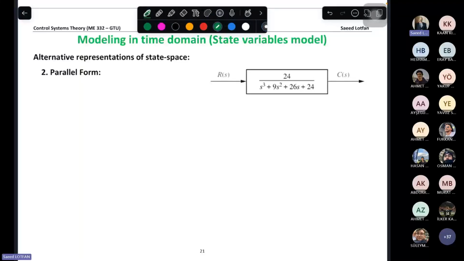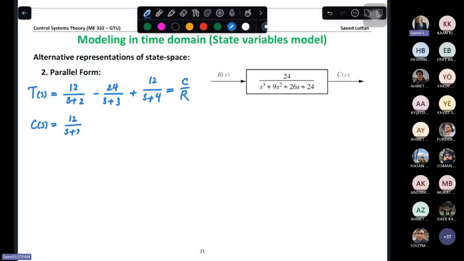We say the transfer function with partial fraction expansion can be shown as 12 over s plus 2, minus 24 over s plus 3, plus 12 over s plus 4, which is C over R. So C(s) is 12 over s plus 2 R(s), minus 24 over s plus 3 R(s), and plus 12 over s plus 4 R(s).